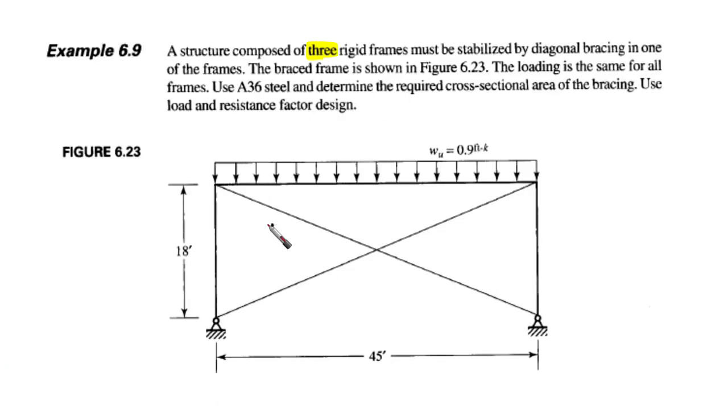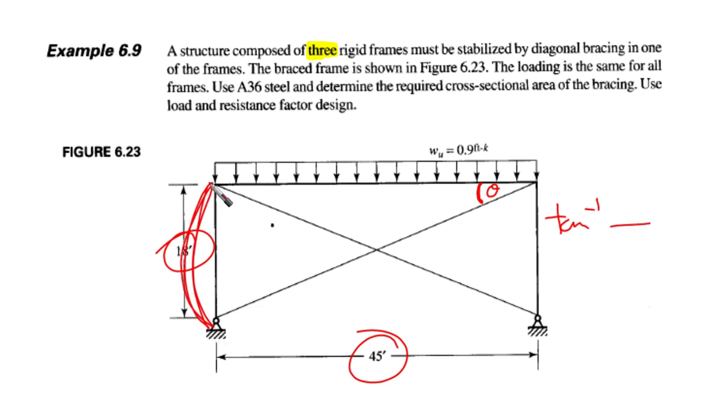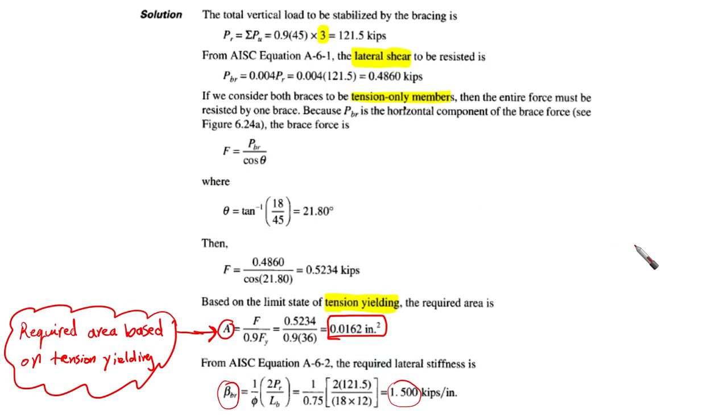That's true. If we go back here, this is 18 over 45. So if we're talking about, this is theta, for example. We have tan inverse of 18 over 45, which gives us 21.8 degrees.